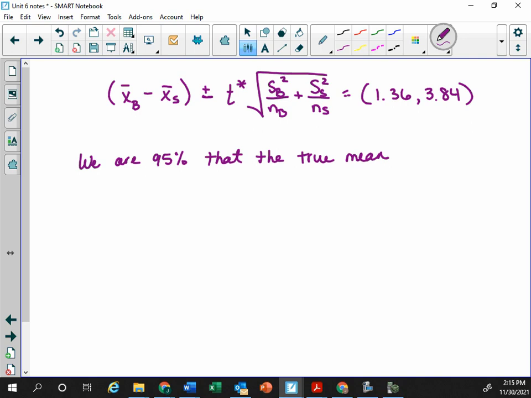If we knew the populations and knew mu of the basketball players, mu of the swimmers, we wouldn't have to make an interval, right? If you know the mu's, you can just subtract them and then you have that. But when you only have samples, that's when you create the confidence interval. And you're trying to narrow down, like, we think the truth is somewhere in here.